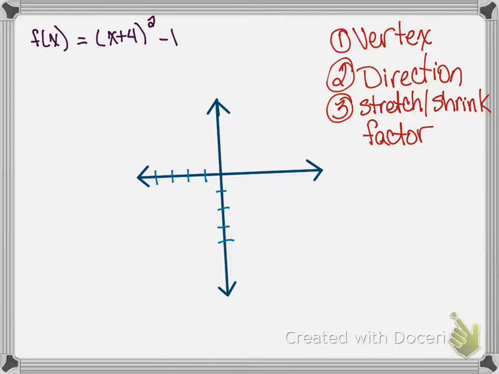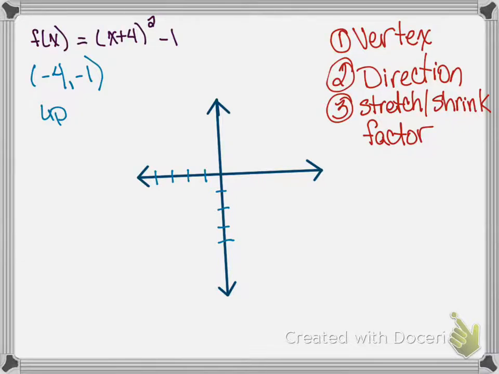So the first thing that we want to identify in this situation is the vertex. What's the vertex? 4 and -1. It's not 4. -4, thank you. -4, -1, that's my vertex. Is it opening up or opening down? Up, good, because I don't have anything in front of it.